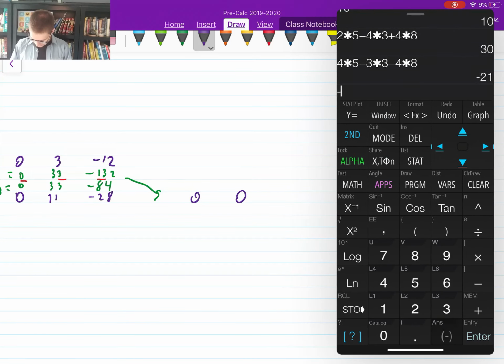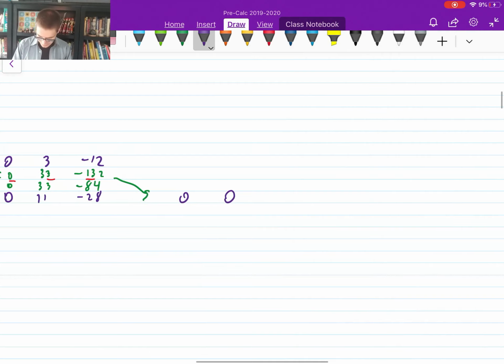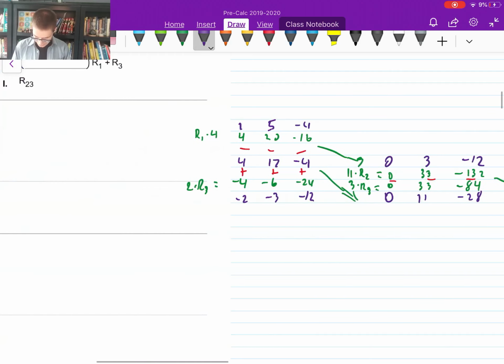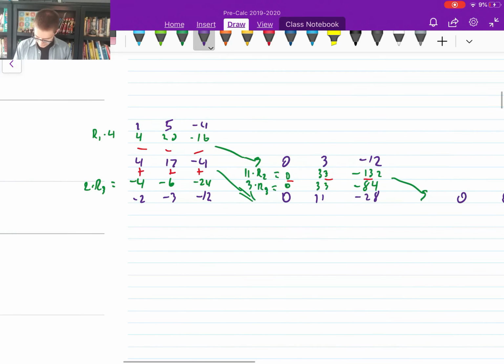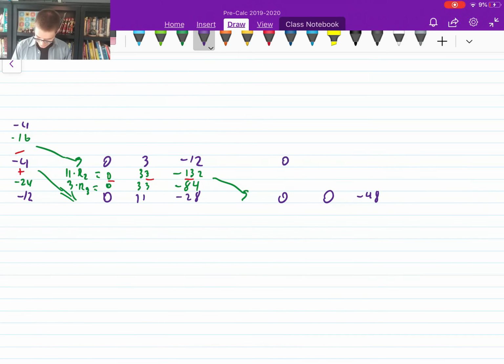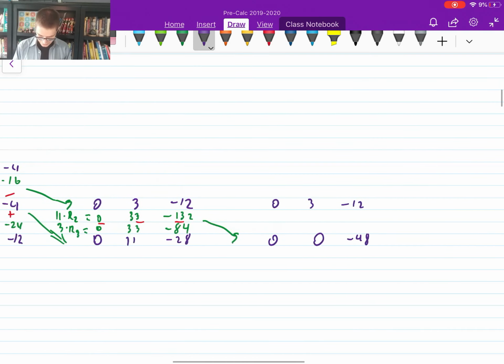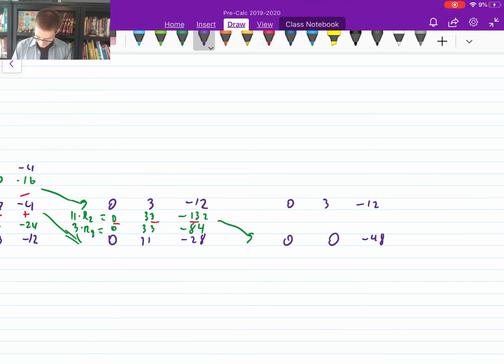Let's see, negative 132 plus 84 is negative 48. Okay, gives us negative 48. And then from here we got 0, 3, negative 12. And then finally, we've got 1, 5, negative 4.